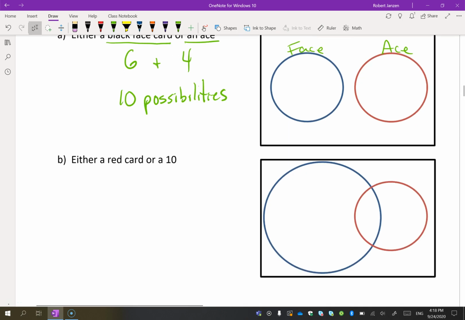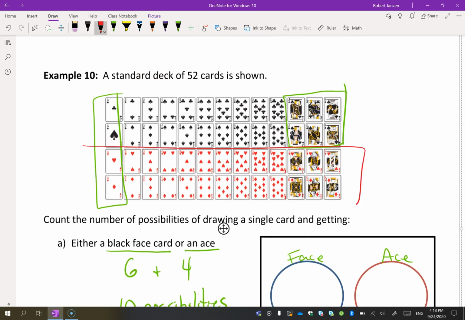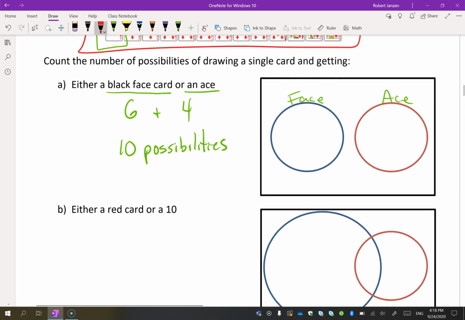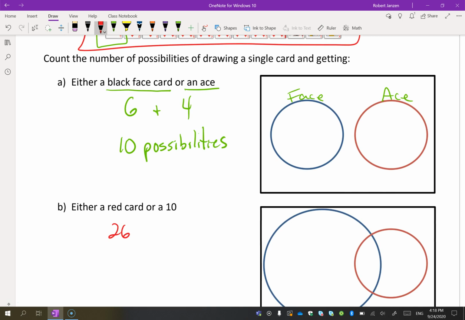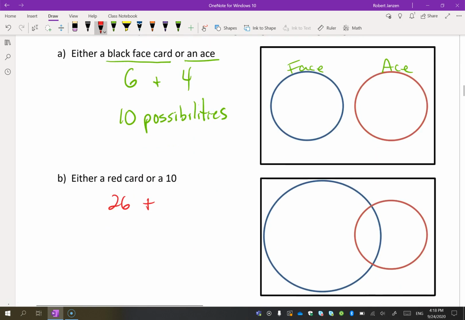Okay, but look at this next one. Either a red card or a 10. Well, how many red cards are there? There are 26. And how many 10s are there? Okay, 10s are right here. Do you see how the 10s overlap though? So I'm going to say 4, but I'm subtracting 2.